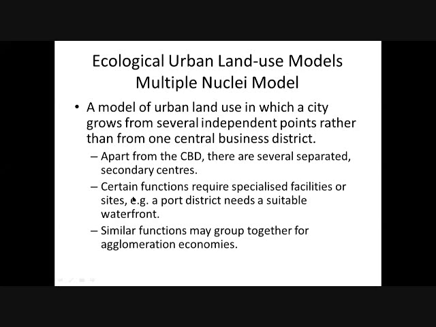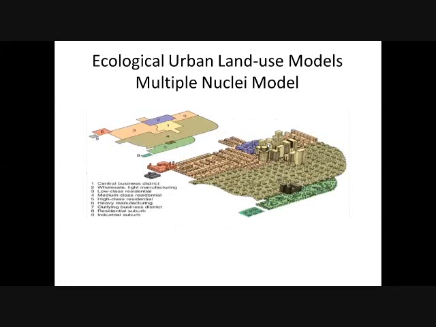So similar functions may group together for agglomeration economies. So the city might look something like this. We have a center for business, a center for commerce, a center for education, a center for health care.